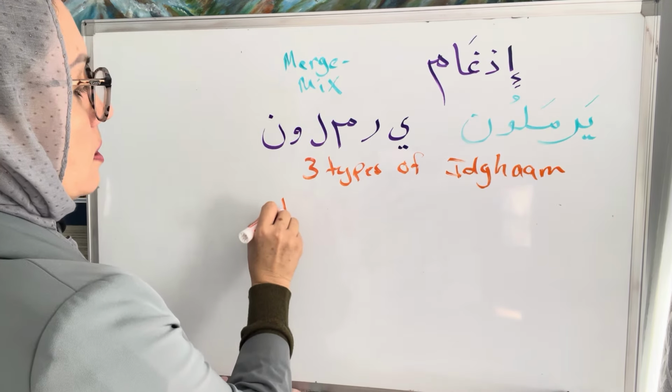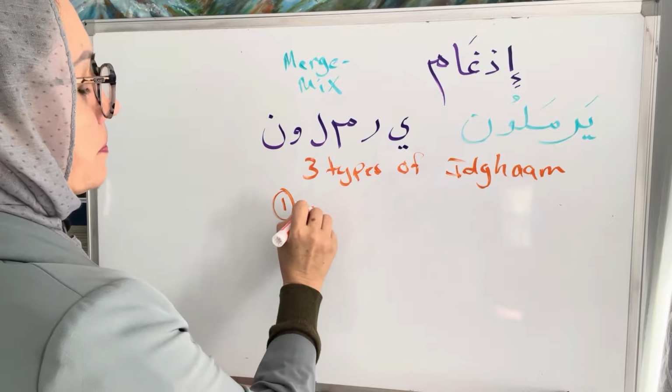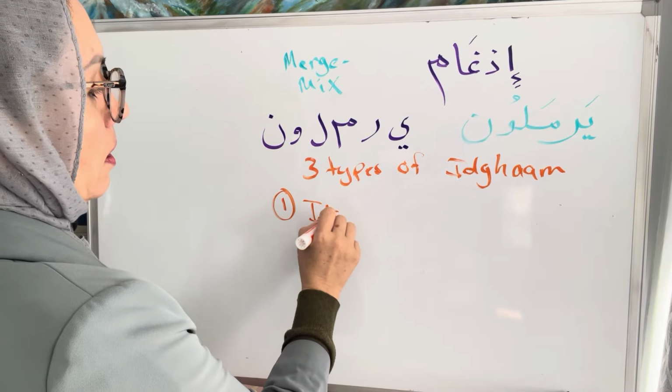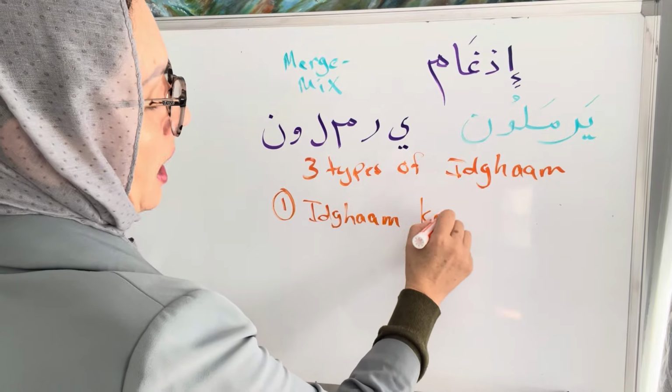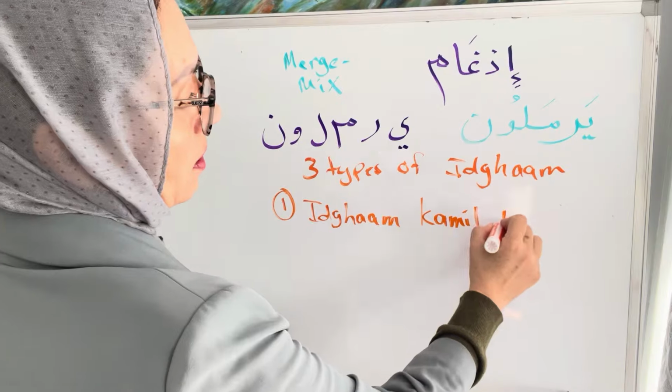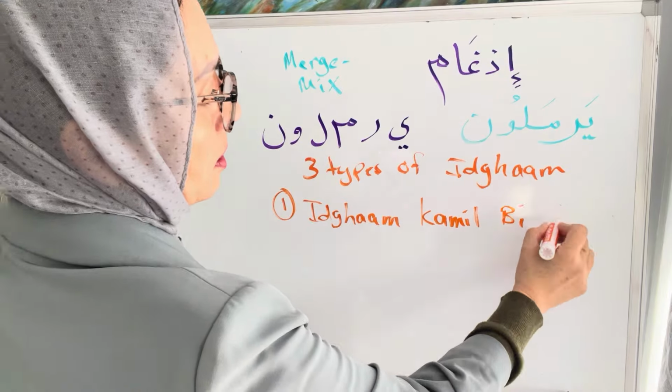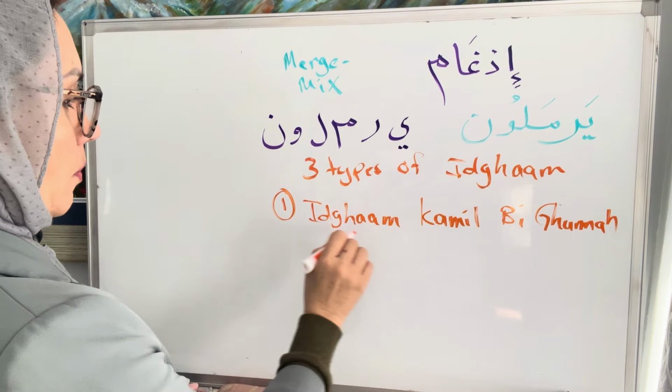The first one is called idgham kamil bi ghunna, and then I'll explain every one of them.